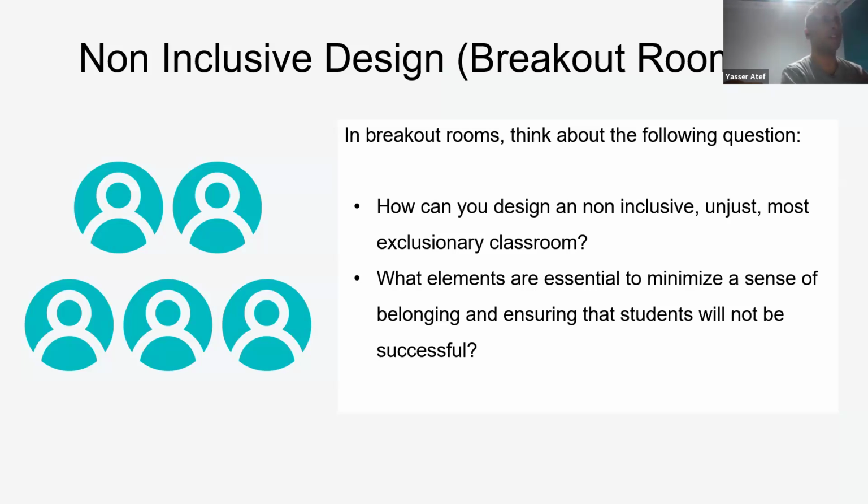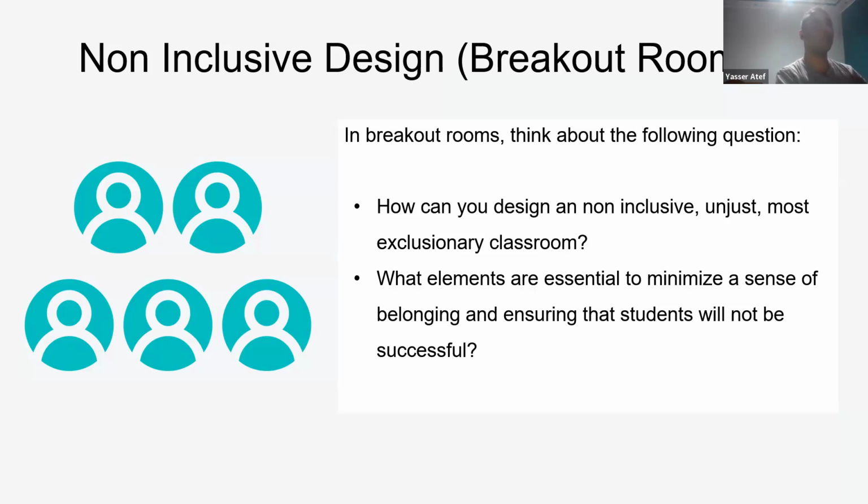we need to think about the following question. How can we design a non-inclusive, unjust, most exclusionary classroom ever?